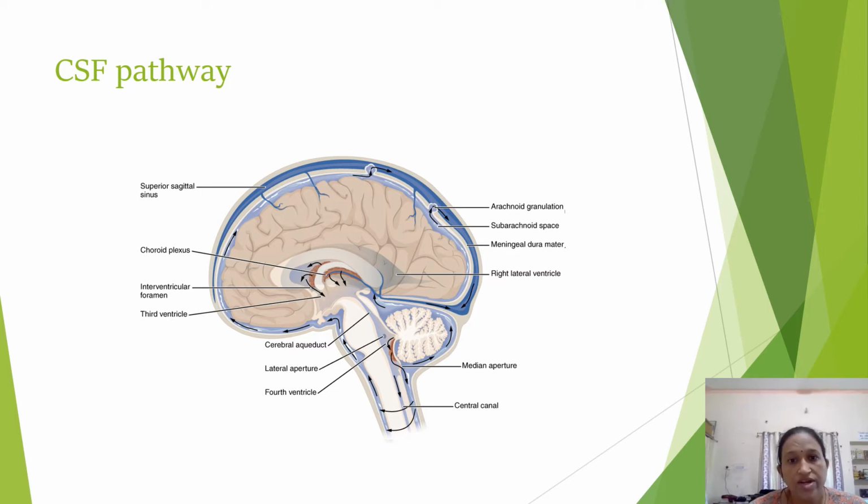Then through the interventricular foramina, it comes into the third ventricle.